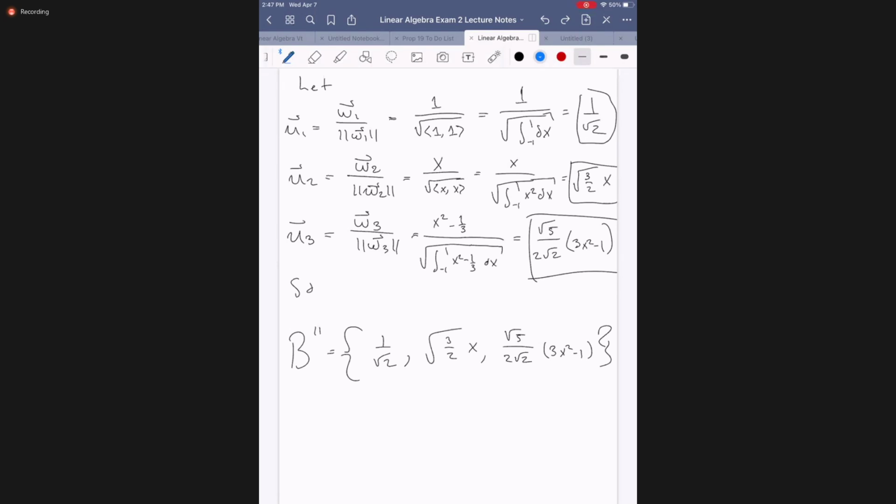So basically, I think that pretty much ends what I wanted to talk about, inner product spaces in general. The next thing we'll do on Friday is apply this to something called least squares analysis.